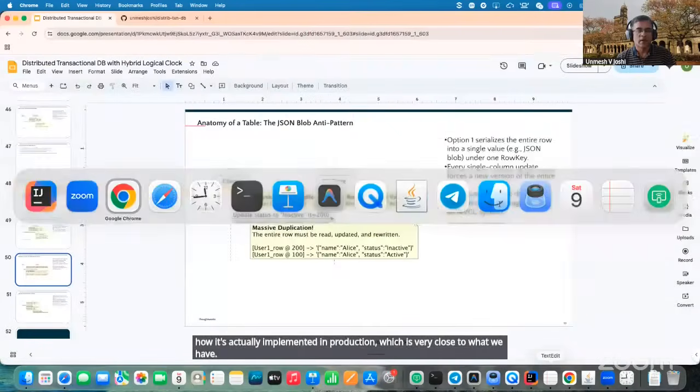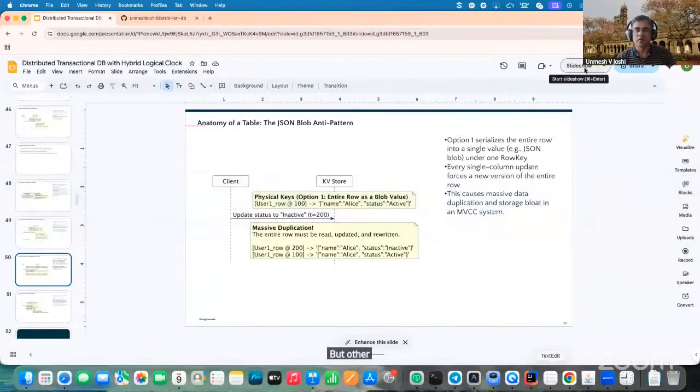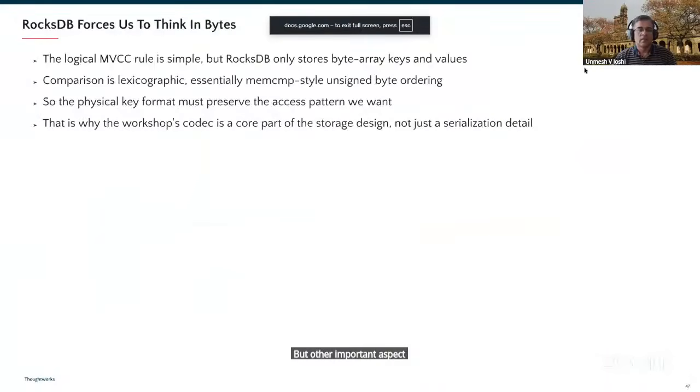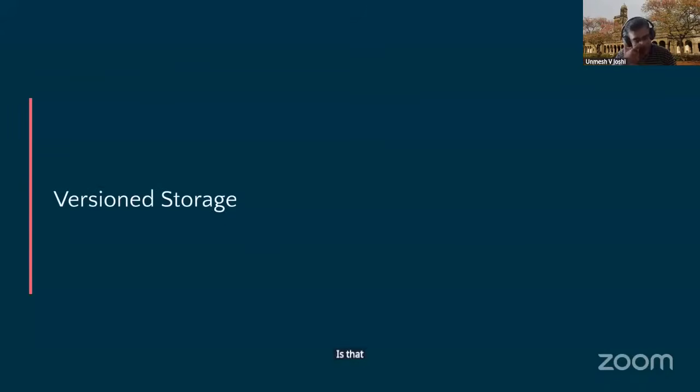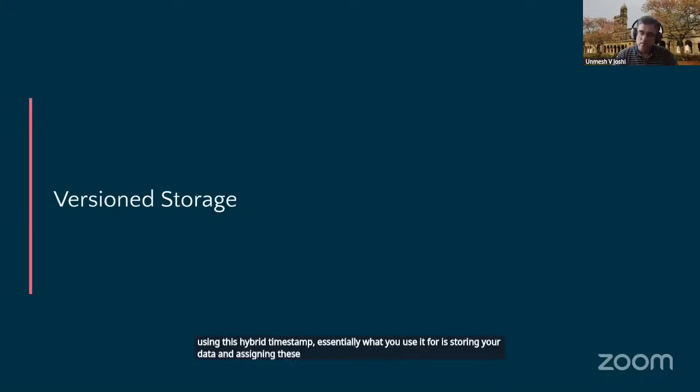But the other important aspect is that using this hybrid timestamp, what you essentially use it for is storing your data and assigning these hybrid timestamp values as versions to your data.